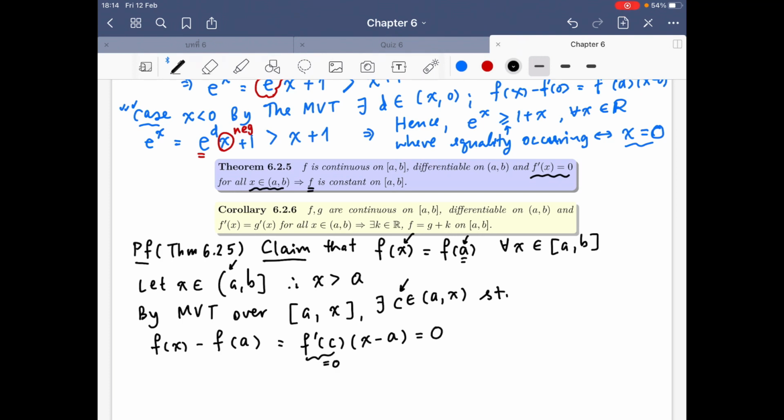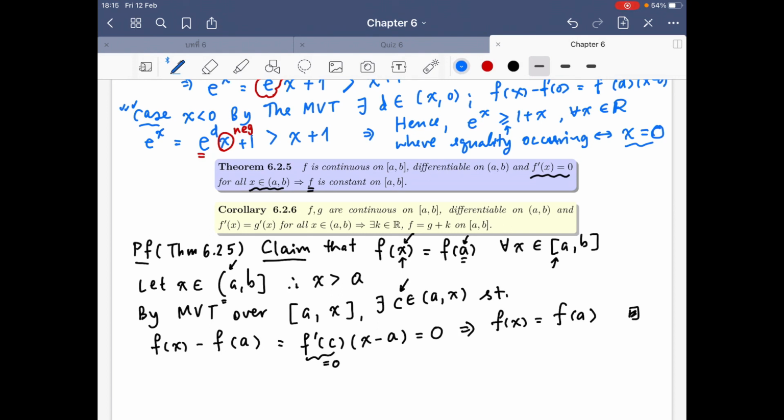So the equation becomes f of x equals f of a, whenever x is in the interval (a, b]. And if you talk about x equals a, as we told you, it is simply the same, because you're talking about the same point. Are we all right?